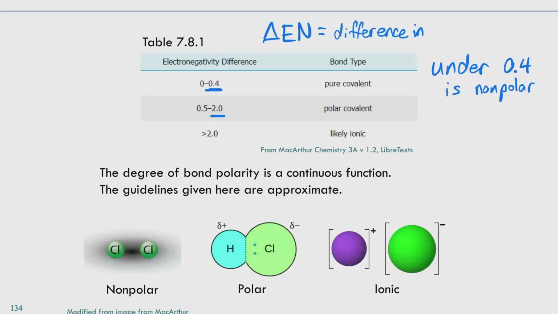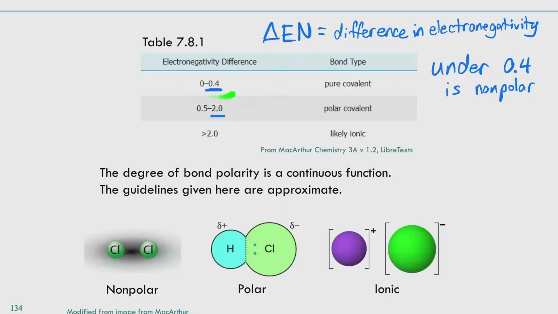I'll write out electronegativity here. So our difference in electronegativity: you take the value for one of the atoms, you take the value for the other atom, looking it up on your yellow sheet or being provided it, and then you figure out what that difference is and where it lies on our table.